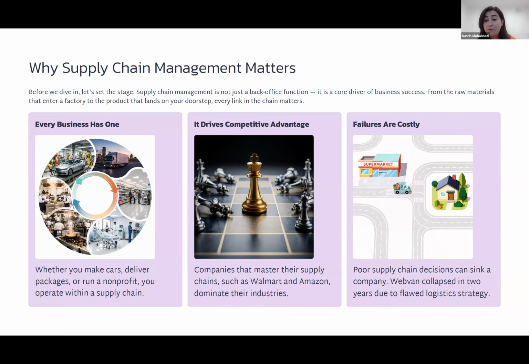But when Webvan started their business, we didn't have that much internet access for everyone. People didn't really care about online shopping, and customers didn't really want to pay anything for such home delivery. So that's why Webvan failed, because their supply chain strategy wasn't aligned with the market, with customer needs.